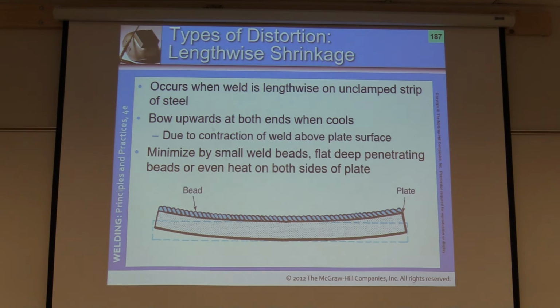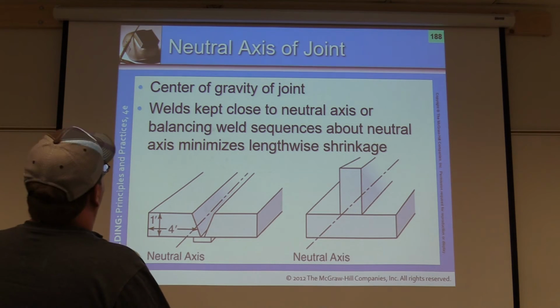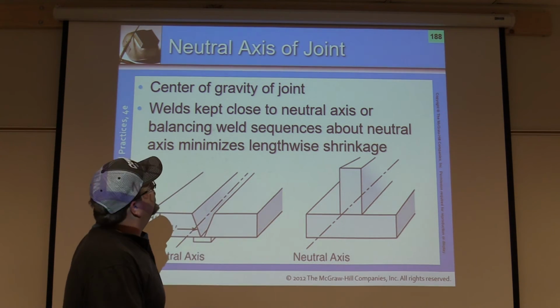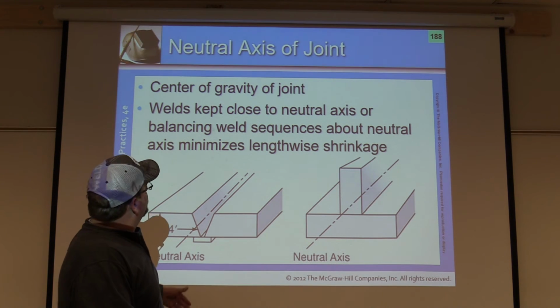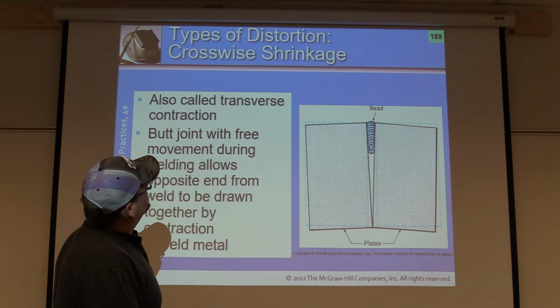Okay, there are plenty of other things in the rest of this chapter to go over. However, I know this is a very long chapter. Please take your time going through it one section at a time. We've talked to you about the neutral axis of the joint before, in other chapters.